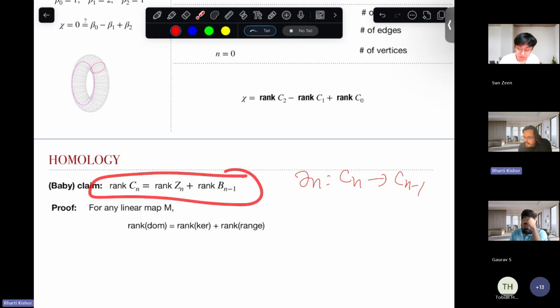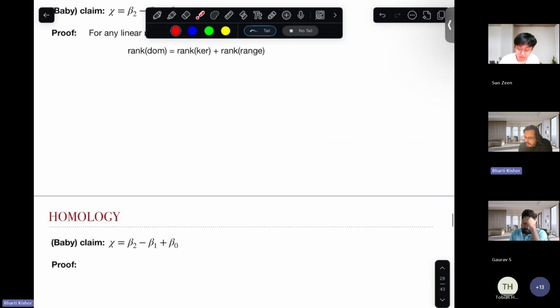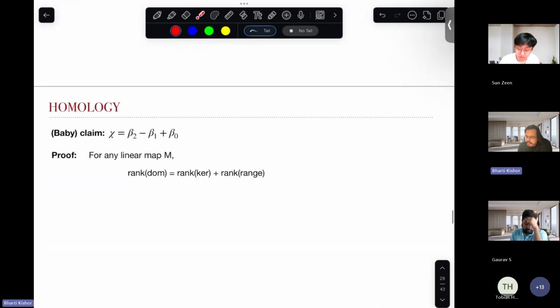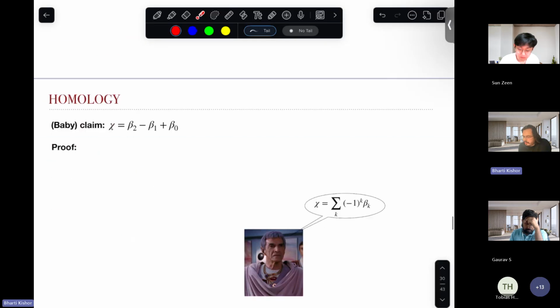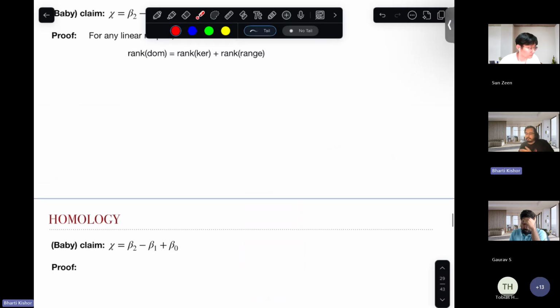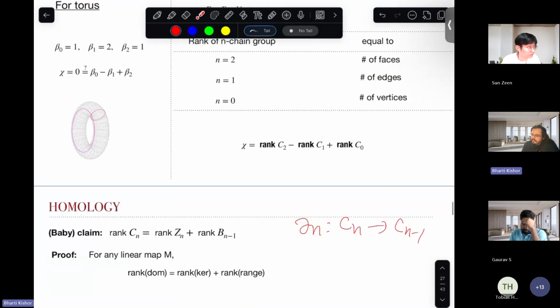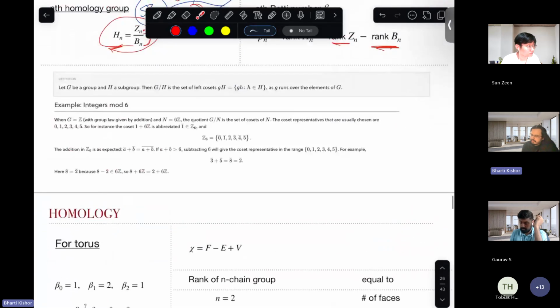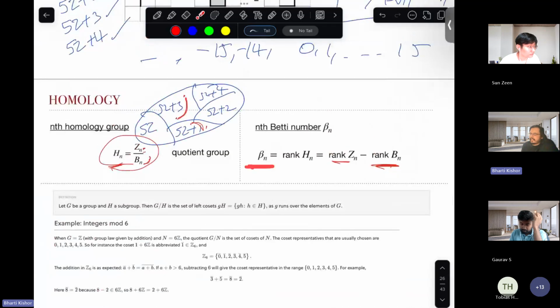And using this relation, you can prove that chi is equal to beta 2 minus beta 1 plus beta 0. In general, you can generalize it to an alternating sum of Betti numbers, because beta n is nothing but the rank of Zn minus the rank of Bn.